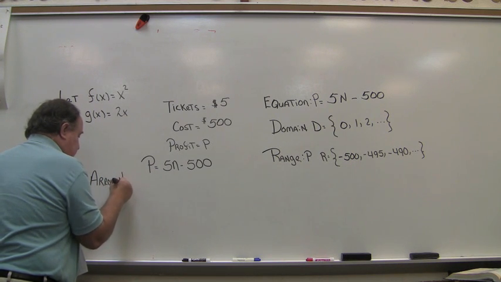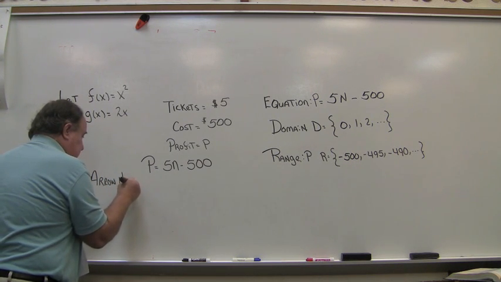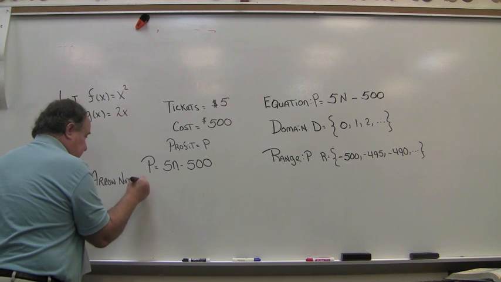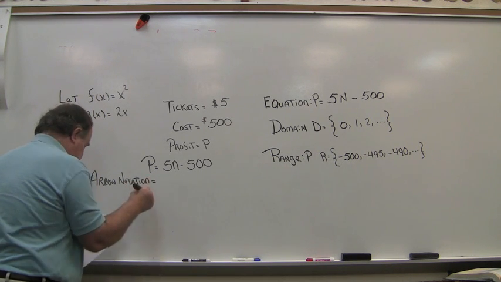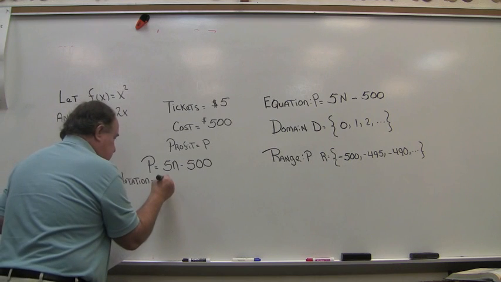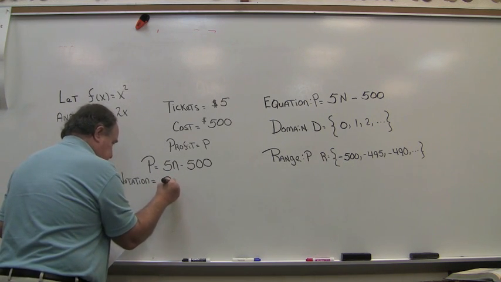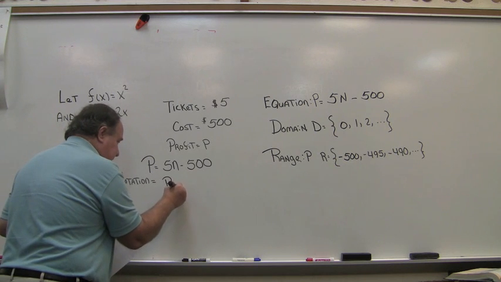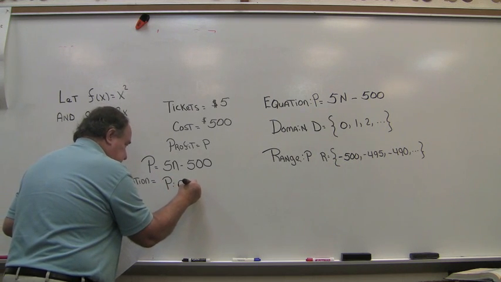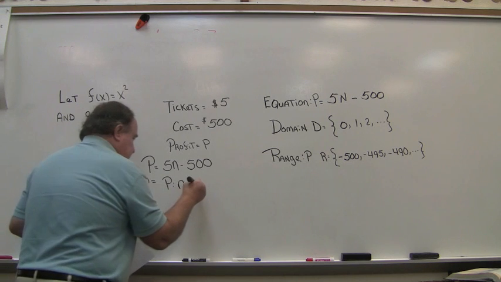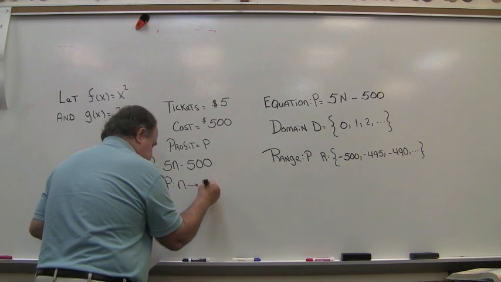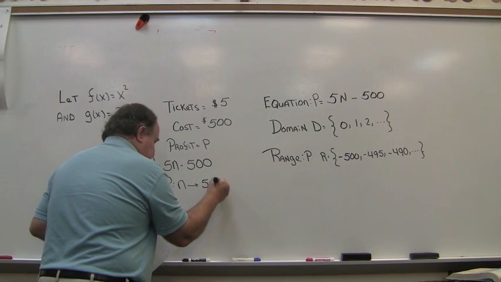And it has an arrow in it. And it looks like this. We're looking at profits, and then we have an N, an arrow, and then we have 5N minus 500.